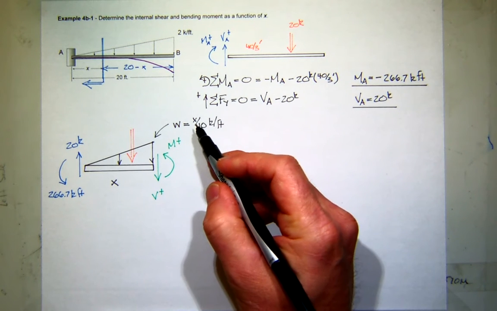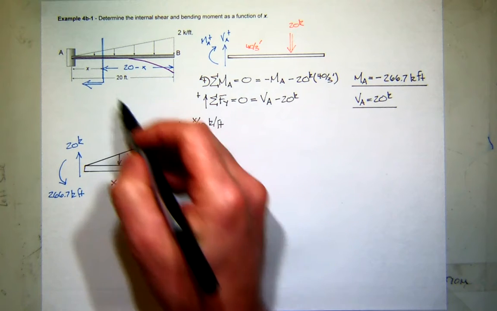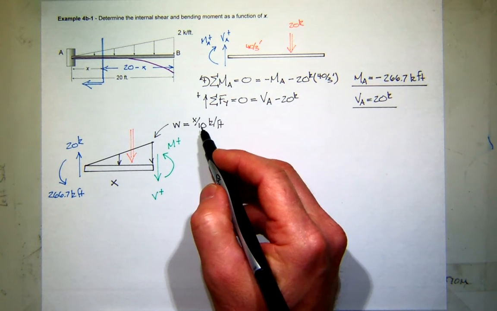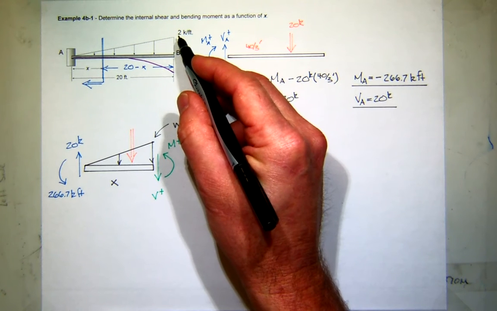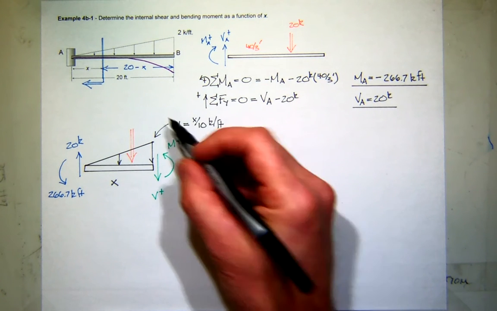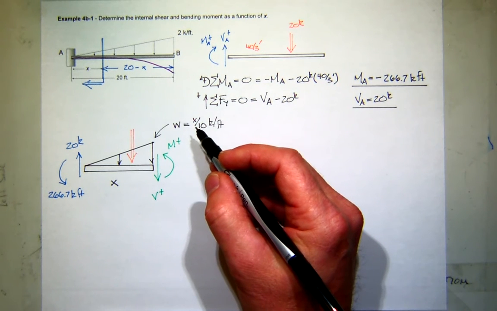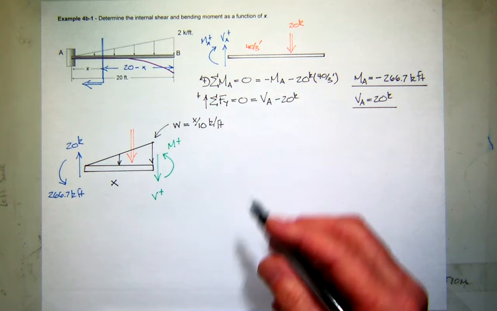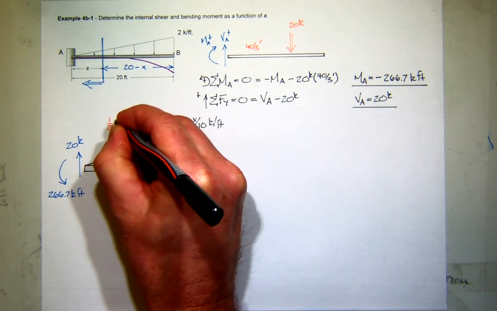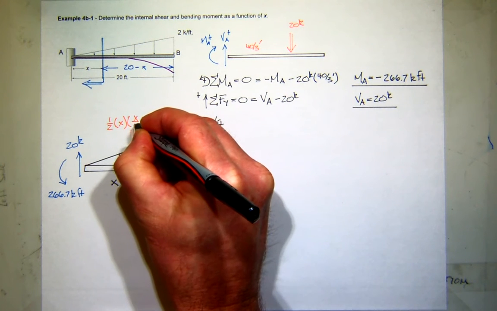So can I check that? Sure. At x equals 0, I should have 0. And at x equals 20, 20 over 10 is 2, it matches. So it's a linear line. You only have to match it to 2 points to make sure it works. So we've matched it at both endpoints. So this should be valid at any position x. So now what does my force become? Well, my force becomes 1/2 base x times height x over 10.